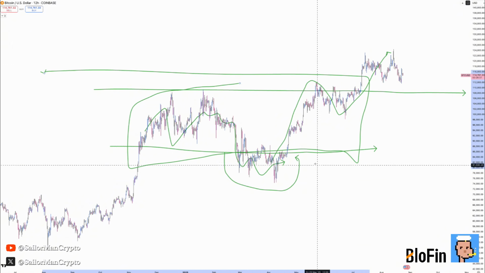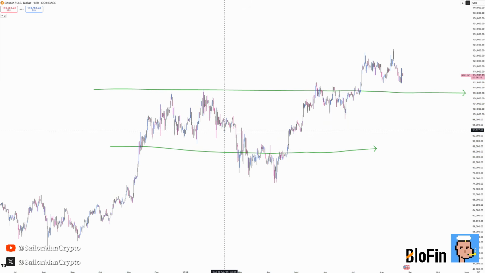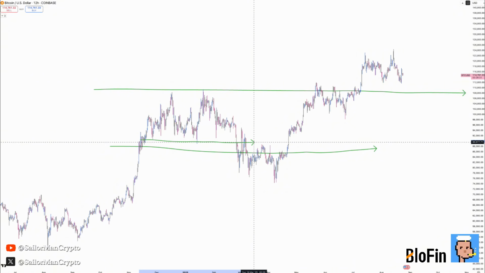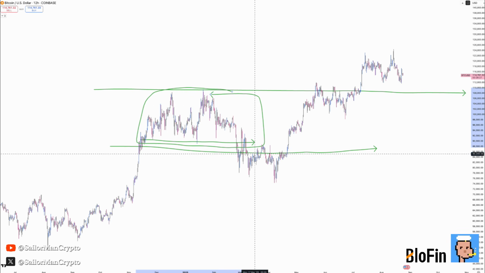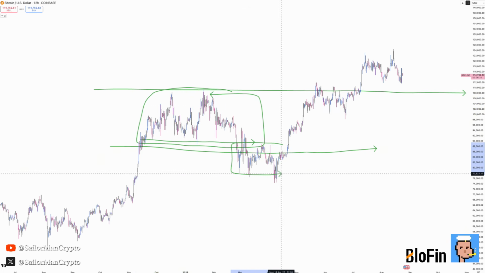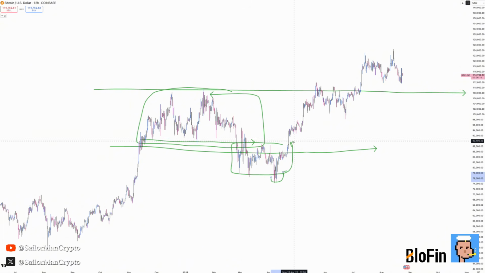So here we start to have a discussion. Here the discussion, you see, is evolving. Whenever we break down from this, we say, okay, it was a distribution, at least a local distribution. This could potentially be a second distribution, but what we have here is a spring, you see. This range is again deviated, price going back.